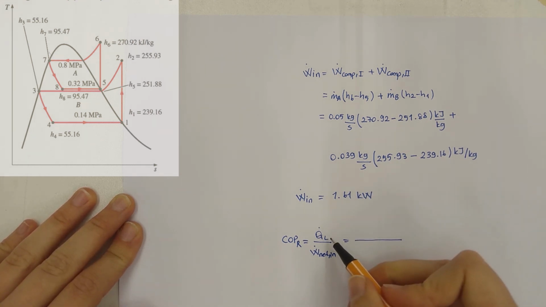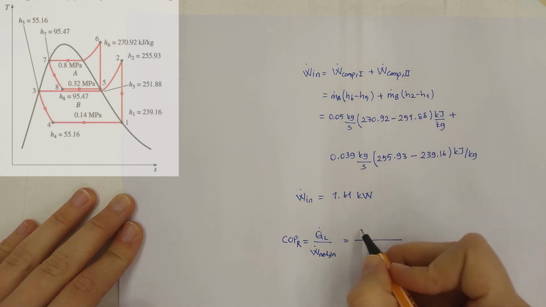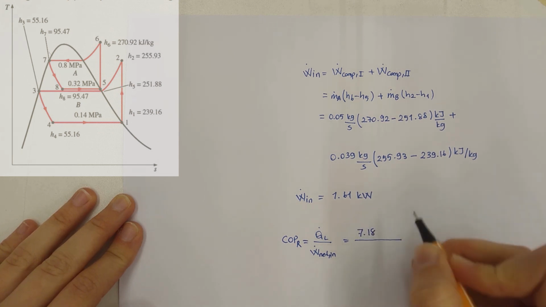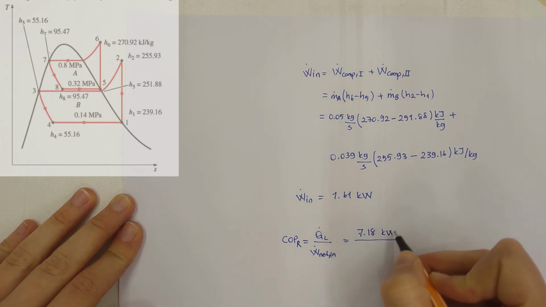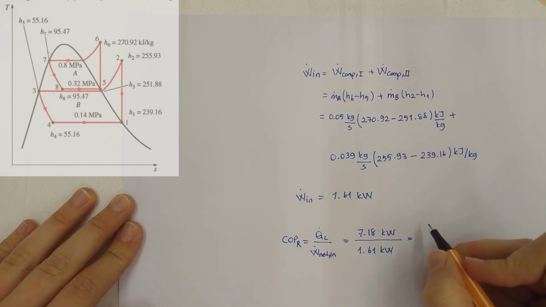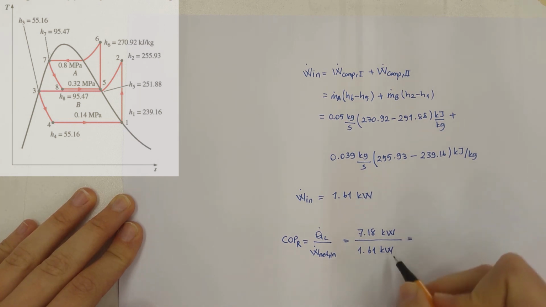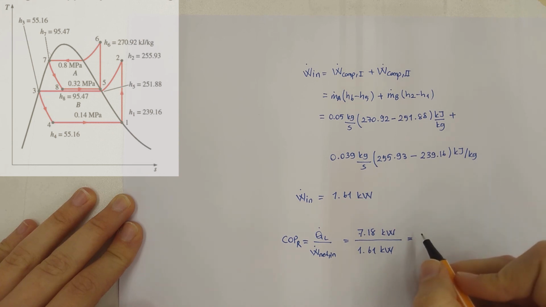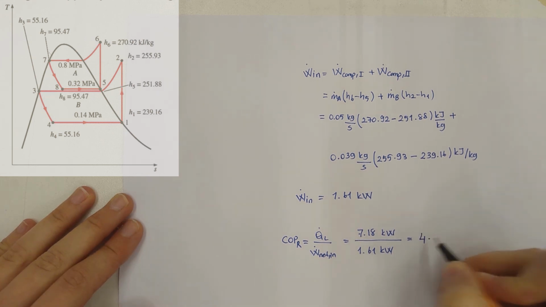We find QL and work net in, and it can be calculated from these data. This equals 4.46.